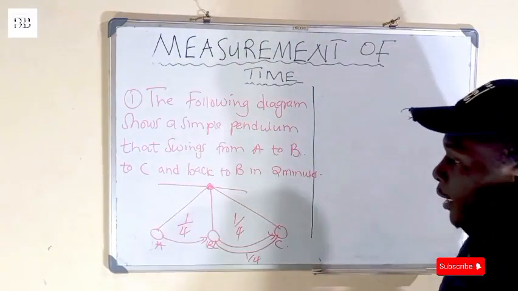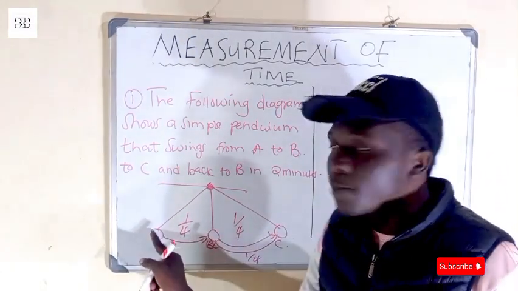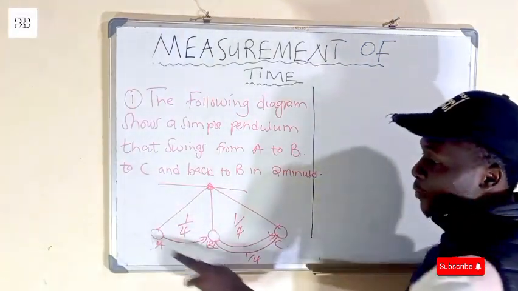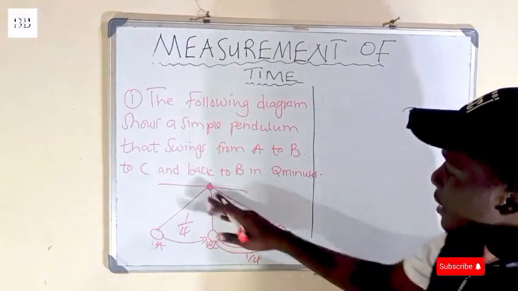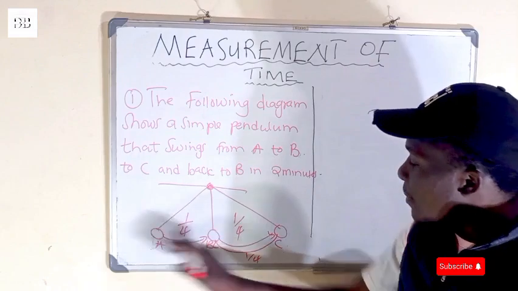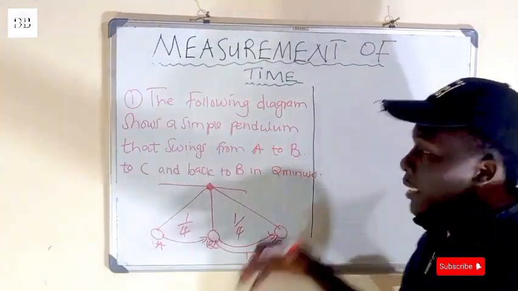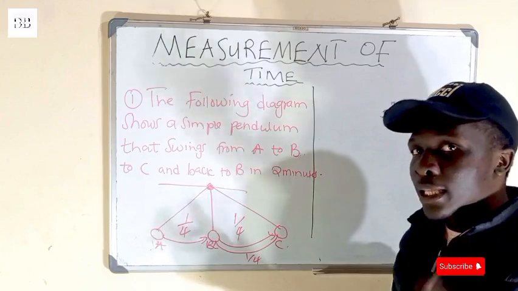We have 3. If it swings from A to B to C, back to B, and back to A, we would have another 1/4. If it only swings from A to B, we would have had 1/4. But if it swings from A to C, then you would have what? 1/2, because the whole of the oscillation is a 1/2. So I want you to get this point.